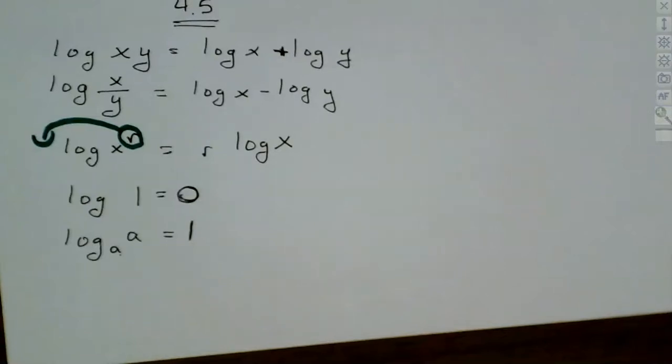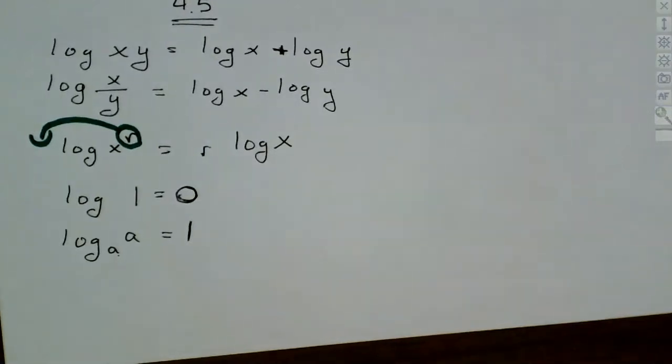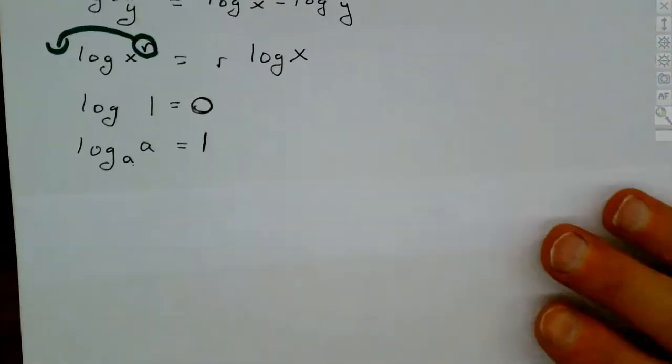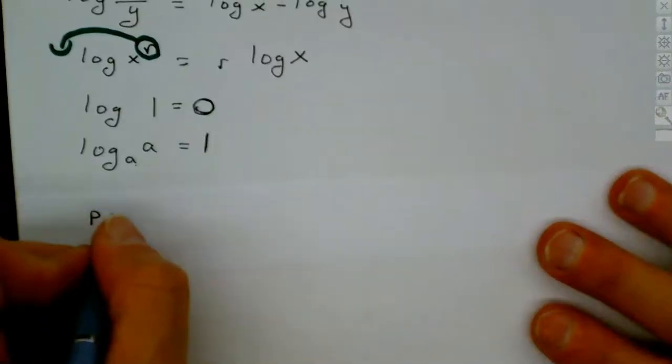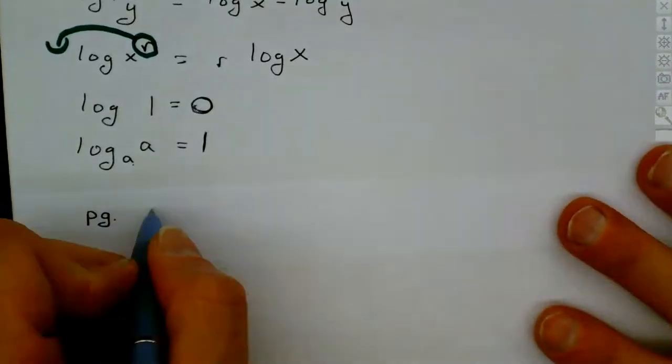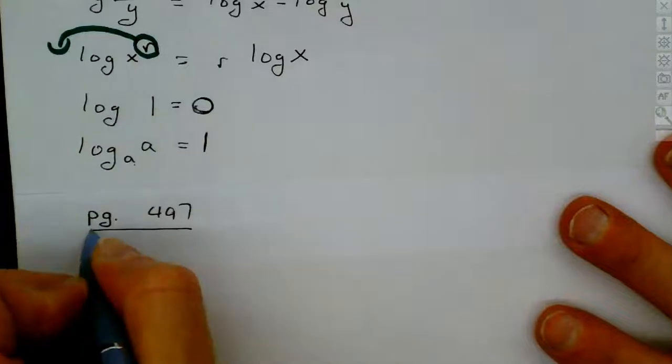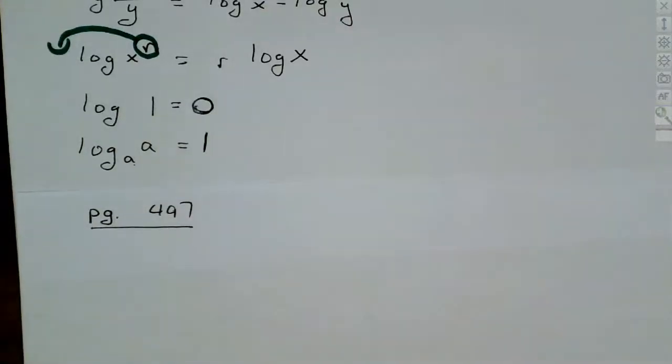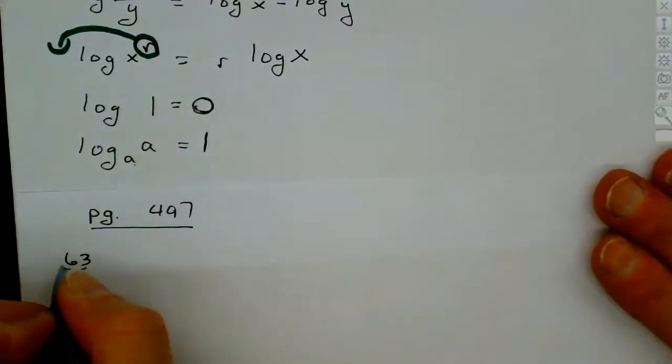We're going to start with at least one question, maybe 2 if we have time, out of the first 3. So I'm going to pick one of these from our textbook to look at. 63 is what we're going to look at. We'll do 63, and then if we have time, we'll do some like 4 and 3, or 4 and 5. This is on page 497, question 63.